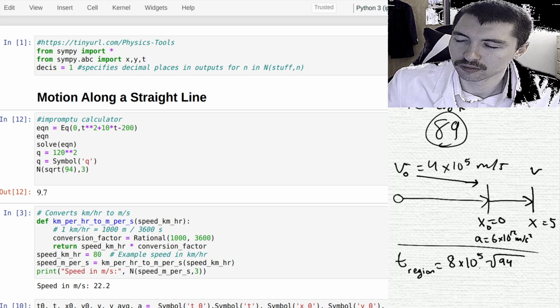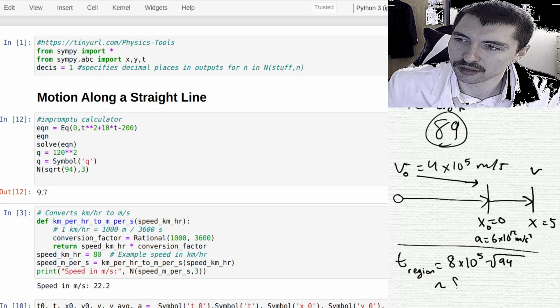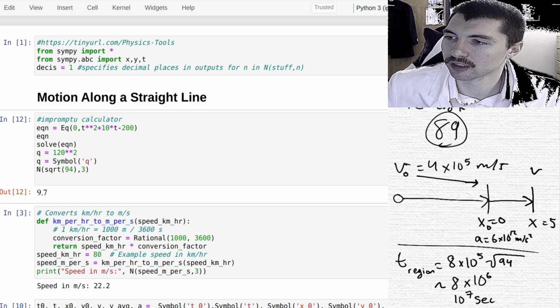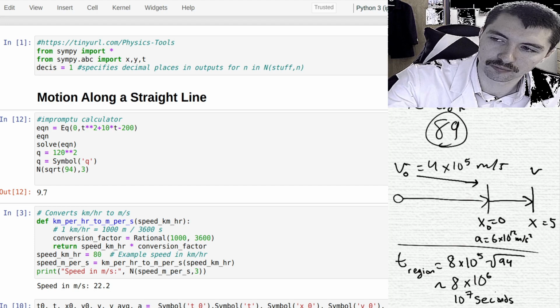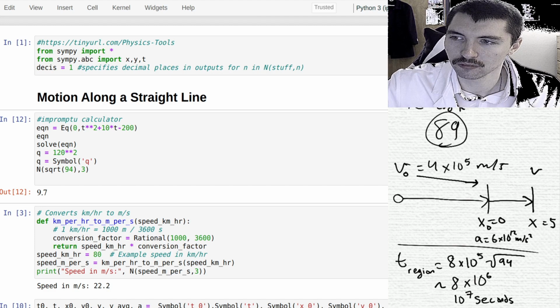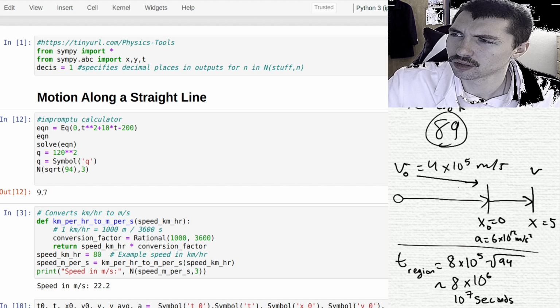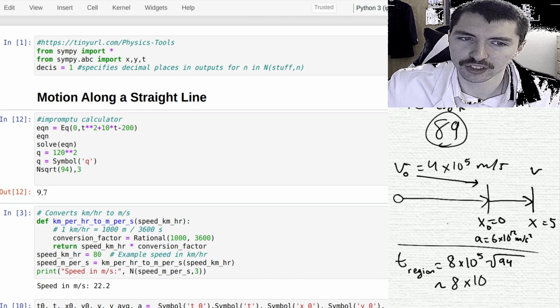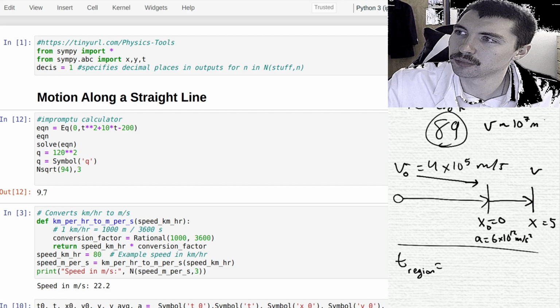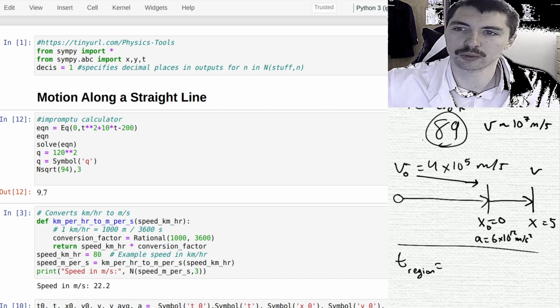Okay, so it's approximately 8 times 10 to the 6. We solved for v. So v is approximately 10 to the 7 meters per second. Okay, so now we want to find t.